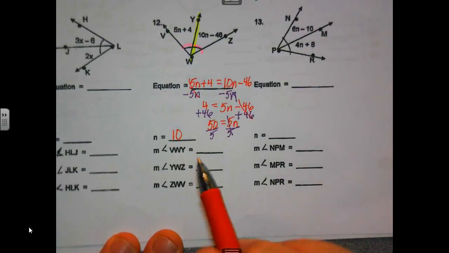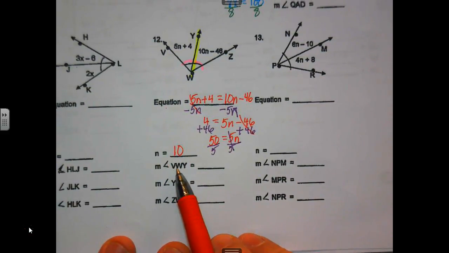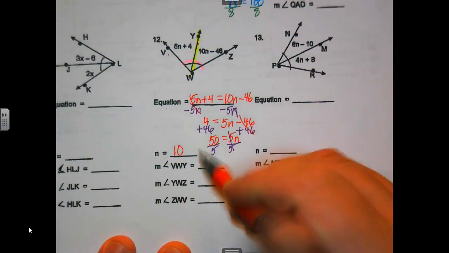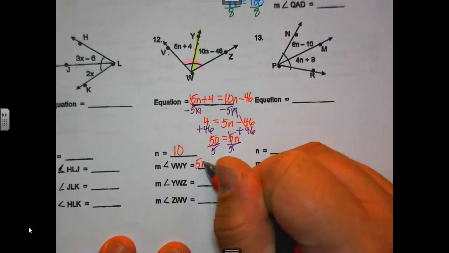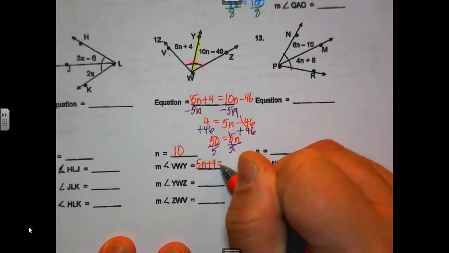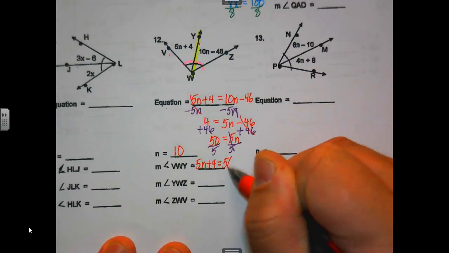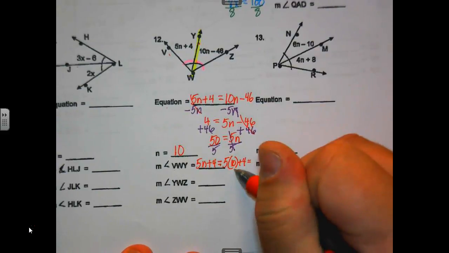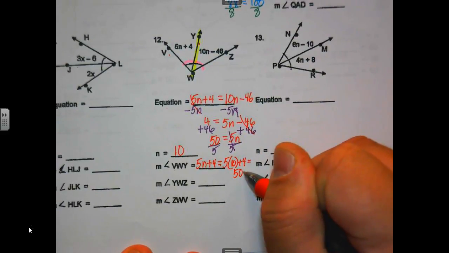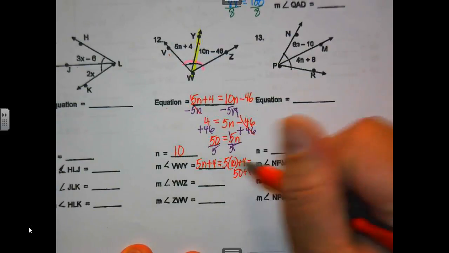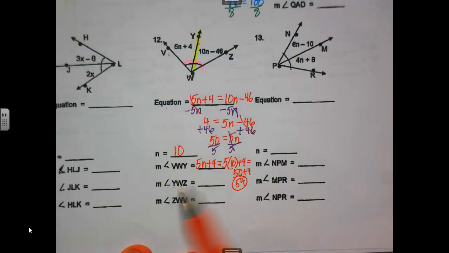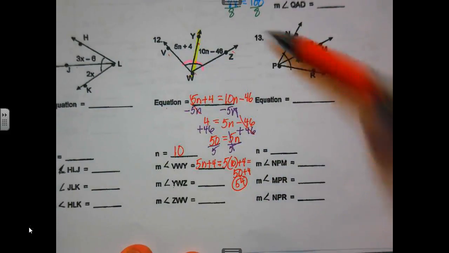Okay. Angle VWY is 5n plus 4. Okay, let's substitute in 10 for n. What do I get? 50 plus 4? 54. What's YWZ?